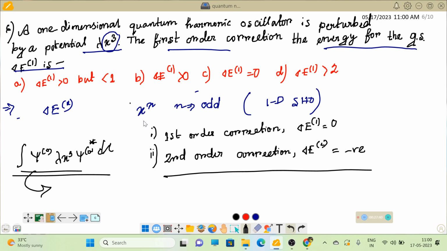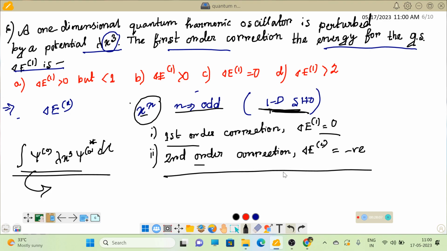Instead of doing that, we want to save our time in the exam. We want to solve questions. We want to crack JRF. So here, lambda is a constant, and if the power of x is odd, for 1D SHO, the quantum harmonic oscillator, the first order correction will be 0 and the second order correction will be negative.